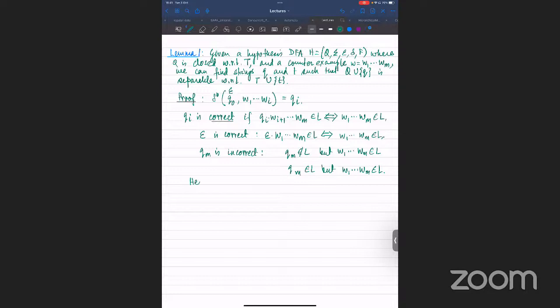Hence, we can say there exists some i less than m such that qi is correct, but qi plus 1 is incorrect.